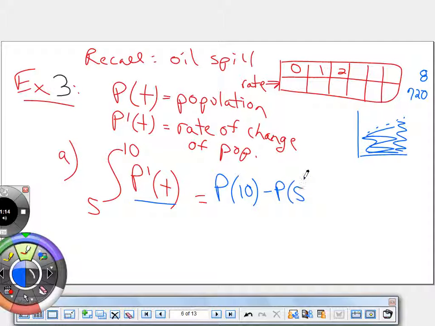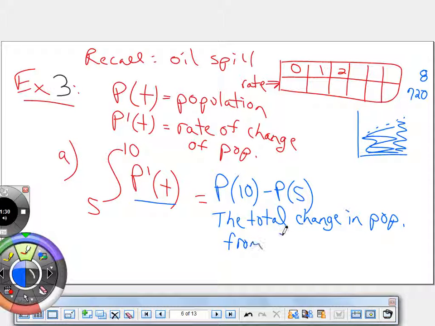And so this is what it would be equivalent to. And that would represent the total change in the population, total change in pop, from 5 to 10 years. If the problem was in years. Okay?